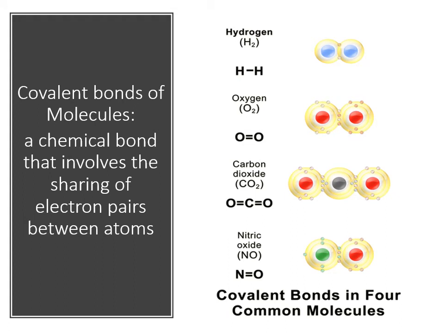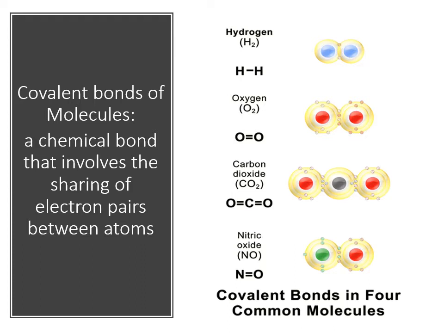Okay, and here we are looking at different covalent bonds of molecules. And as I mentioned, it's really just the sharing of electron pairs. So hydrogen, it's sharing an electron each, making 2 electrons in the shell. Oxygen, O2, so two atoms of oxygen combining, making a molecule.